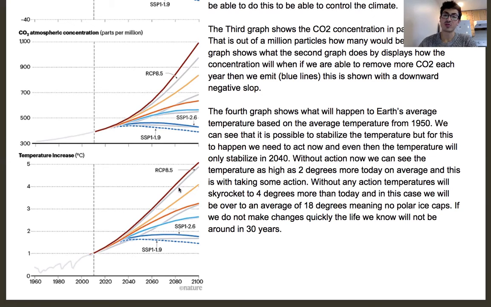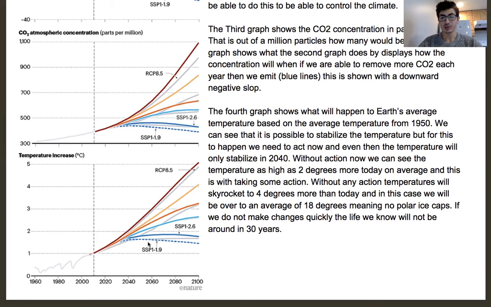Not that we want to get close to that, but that 4 degrees Celsius or that 3.5 degrees Celsius increase is really the point where all of Earth is a tropical climate. Around the equator might be uninhabitable, it would be so hot. That's the worry, that we get to the point where we can't fix this.